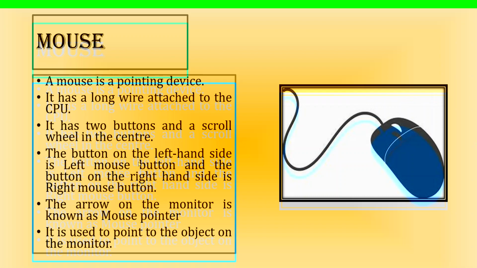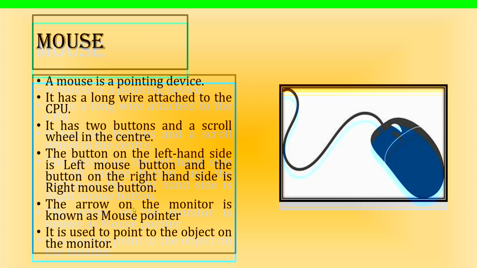The button on the left hand side is known as the left mouse button, and the button on the right hand side is the right mouse button.